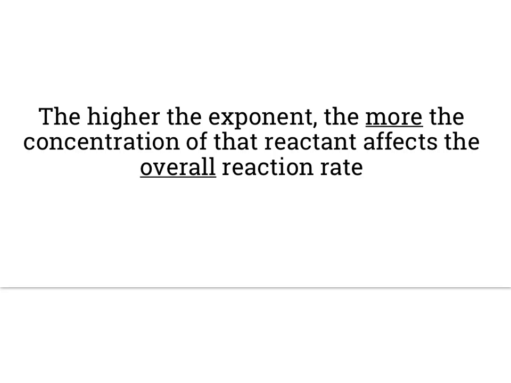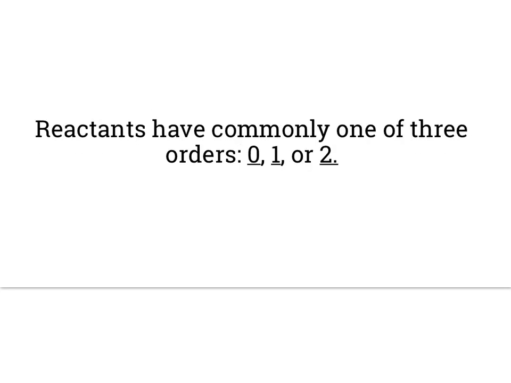So an order of 2 is stronger than an order of 1, which is stronger than an order of 0. You normally don't go much higher than 2, but if you did, it'd be stronger than 2. Reactants commonly have one of 3 orders: 0, 1, or 2.